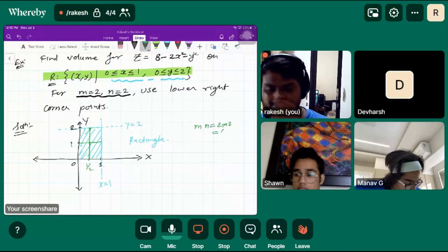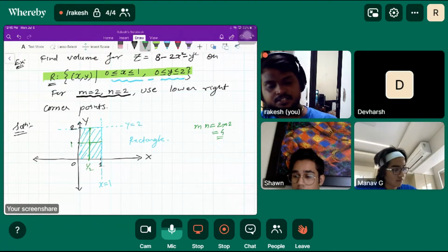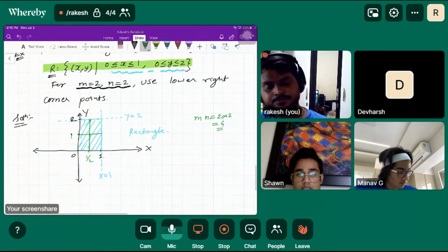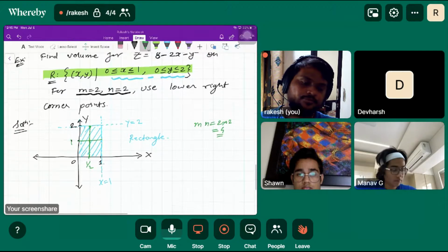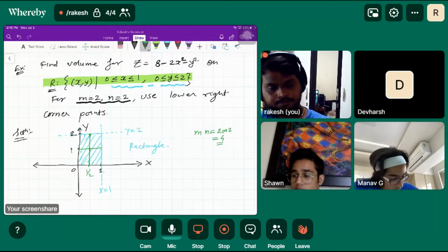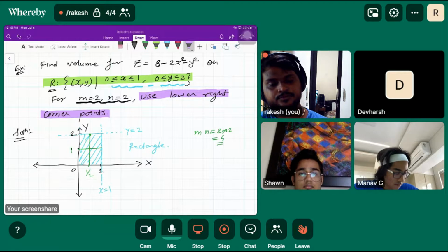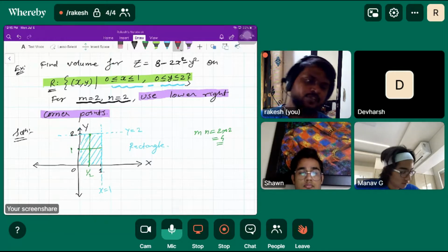Now we have to find out the volume of the region under the surface. So how do we find out the height? They have mentioned something in the question, like z values. You can input the x and y values.